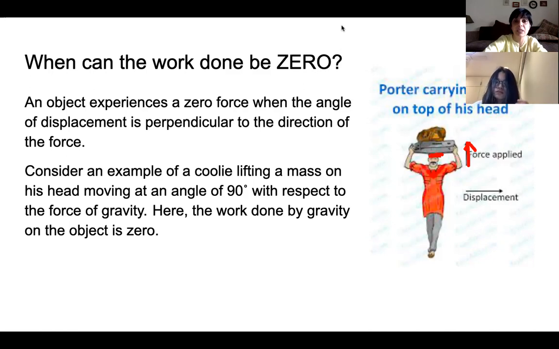Because for work to be done, two conditions are important, and those two conditions are force and displacement. Here, the only one condition that was met was force. The second condition of displacement did not happen with this box. So the work done over here is 0. All right?